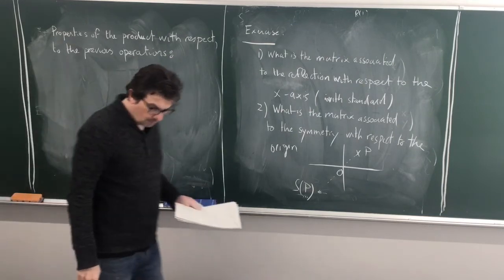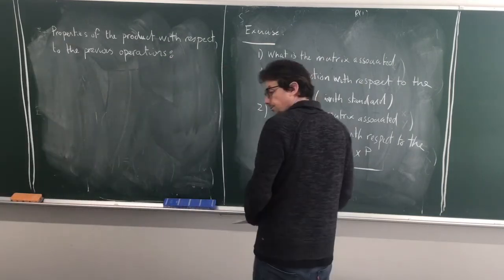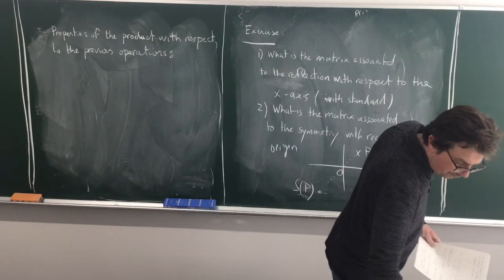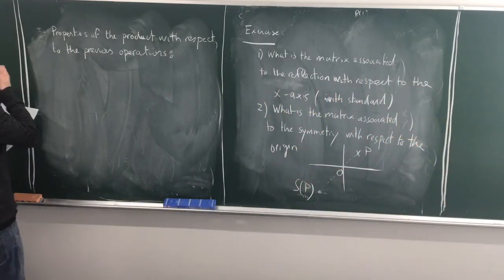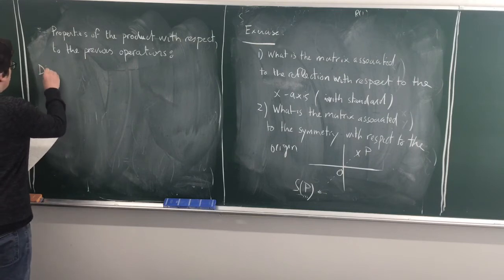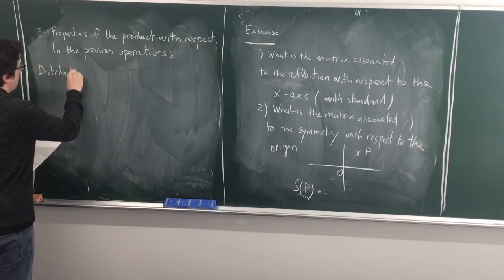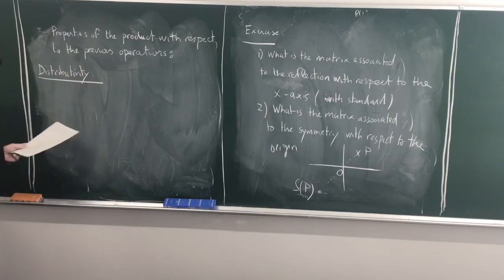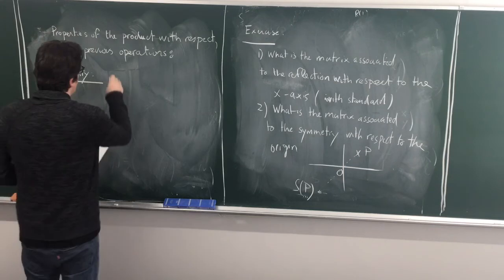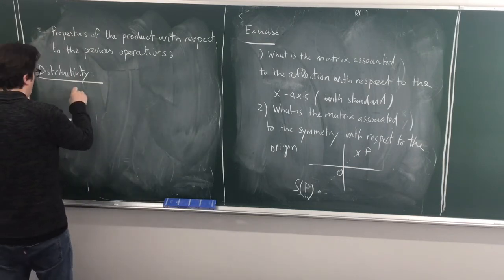Right, so first of all, we have the property called distributivity. What is it? Well, it means the following.